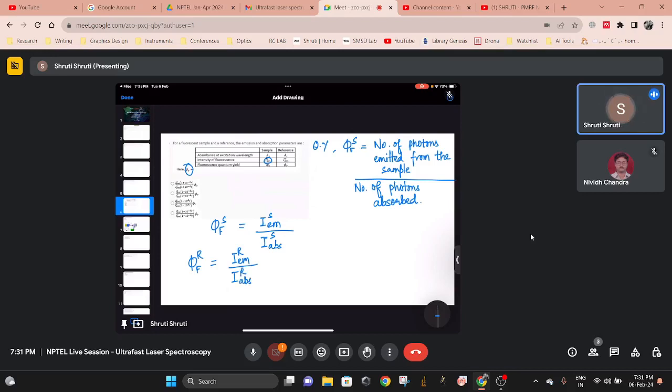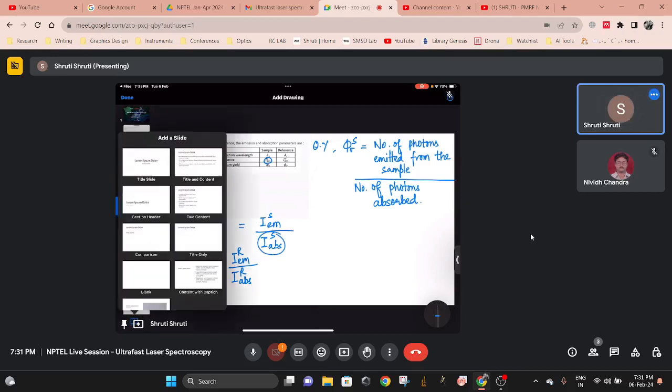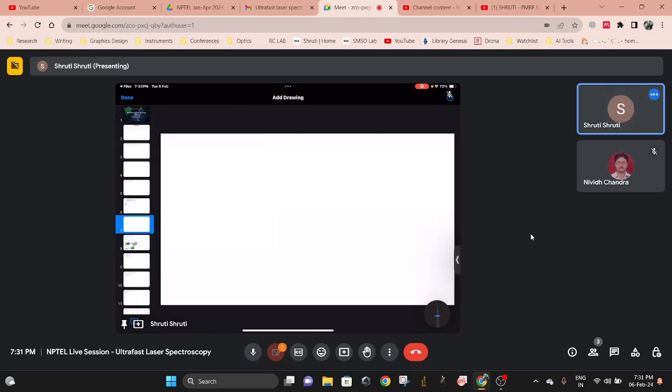Now the unknown quantity here is this I, the intensity of absorbance. We need to calculate this one, and we need to eliminate that term to get the expression in terms of the intensity of emission only. The absorbed intensity can be calculated from the expression of absorbance, log of I naught by I, which we just used.